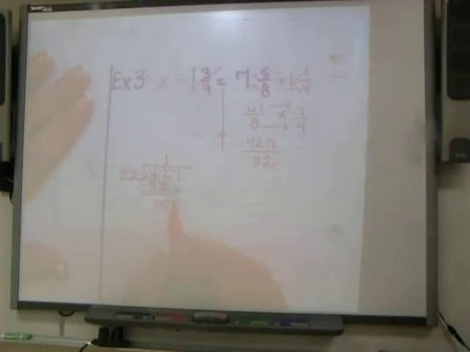Drop the 7. 32 will go into 107 3 times. 3 times 32 is 96 with 11 left over. So that's 13 and 11 32nds. That's the mixed number equivalent. 13 and 11 over 32.